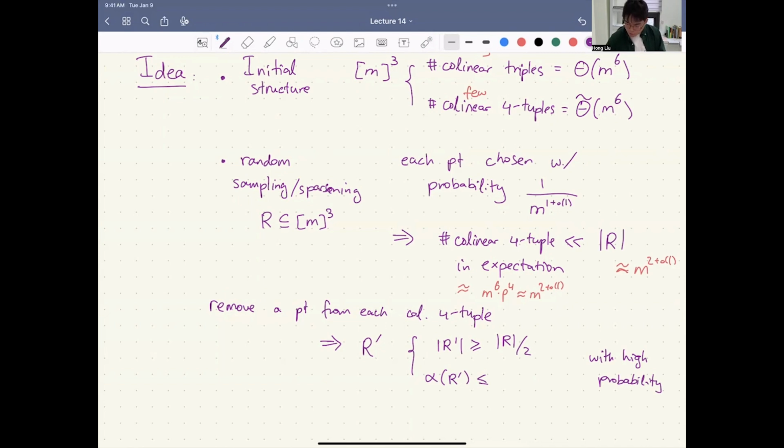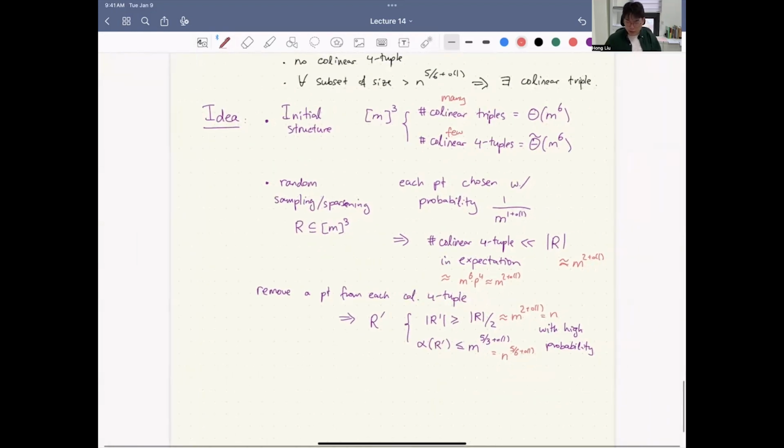This is roughly m to the 2 plus little 1, right? We want to show alpha R prime, that means the largest subset of R prime with no collinear triple, is roughly m to the 5 over 3 plus little 1. So if you set this guy to be n, this is roughly n to the 5 over 6 plus little 1. That's the bound we want to prove. Any questions so far with the outline?